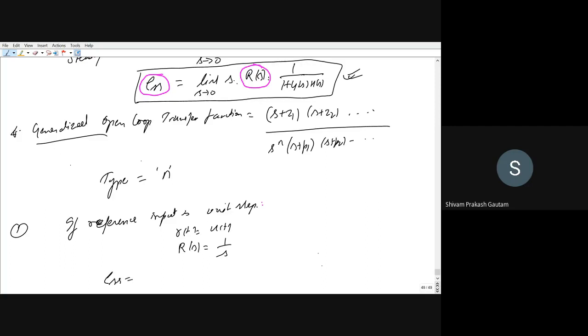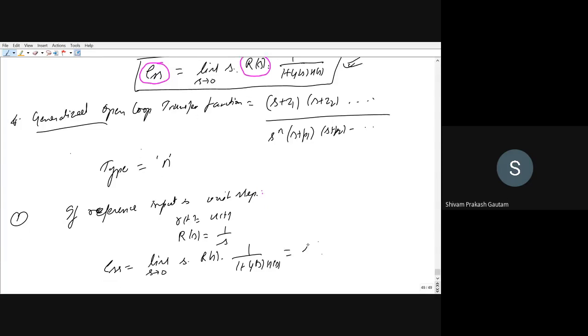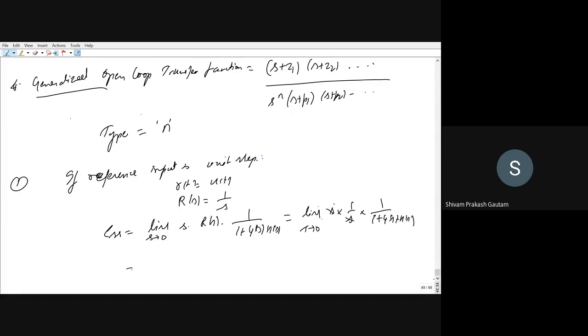That is e_ss will be equal to limit s tends to 0, s into R(s) into 1 upon 1 plus G(s) into H(s). Substitute the value of R(s) here. So this will be limit s tends to 0, s into 1 by s into 1 upon 1 plus G(s) into H(s). So this s will cancel out. I can rewrite as limit s tends to 0, 1 upon 1 plus G(s) into H(s).